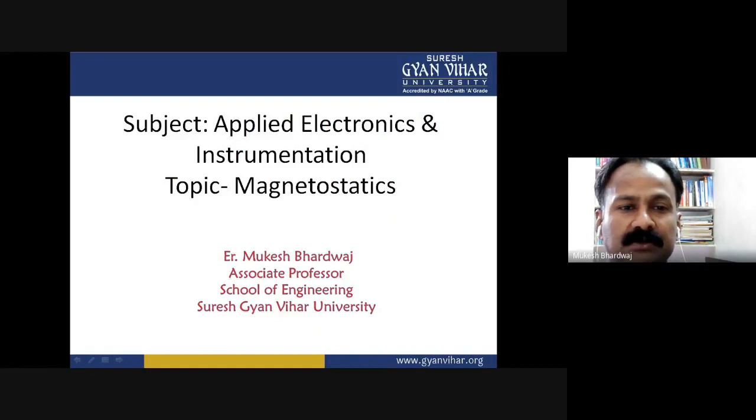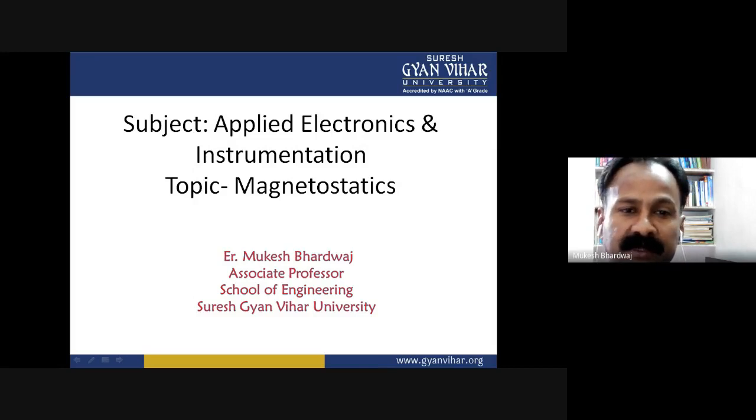I'm Mukesh Bhardwaj, going to deliver a topic, Magnetostatics, under the subject Applied Electronics and Instrumentation in BTech Agriculture 4th semester. Magnetostatics, that is, statics means the charge at rest, or magnetostatics is a topic related with the magnetic effect of moving charge, or the magnetic behavior of any magnetic material.